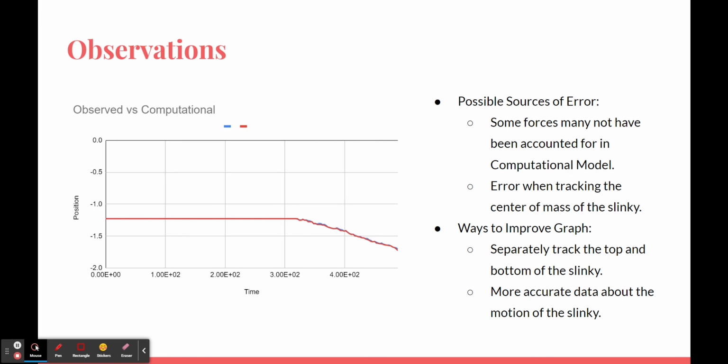There may also have been some error when tracking the center of mass of the Slinky, because I was really struggling with tracking that. Some ways to improve the graph could be separately tracking the top and bottom of the Slinky. I did track the bottom of the Slinky, and that gives more accurate data about the motion of the Slinky.